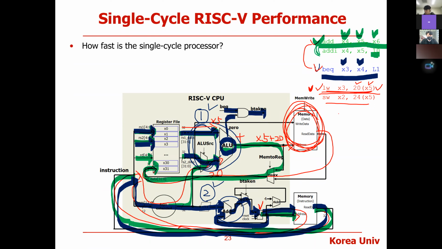Everything is the same as LW except you are updating memory. That data is provided from this path, and memory is just updating the data at that location. That's it. Memory access, no register file update. So by comparing these two, LW is taking a longer path than the SW instruction. Does it make sense?